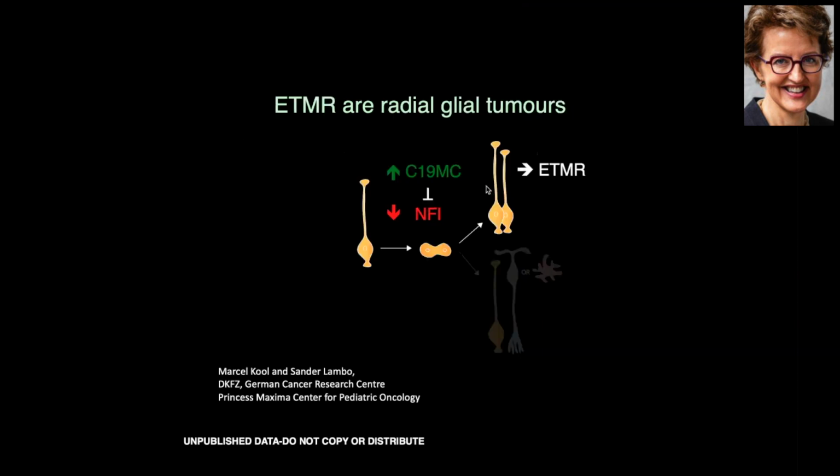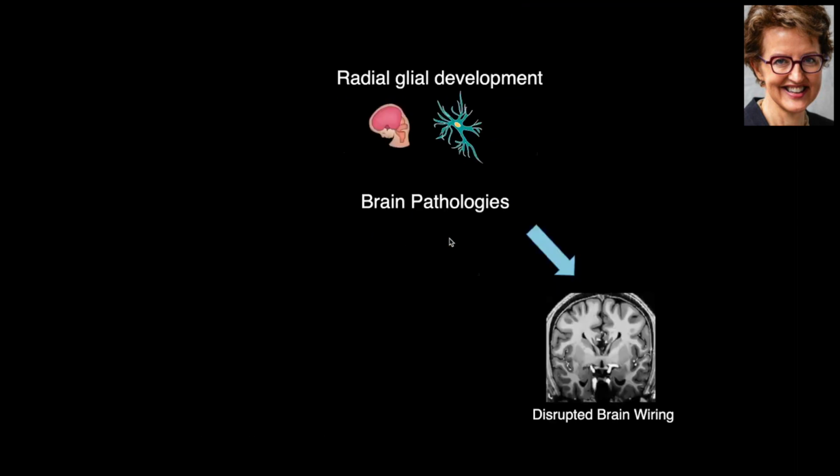And so what happens normally is that this inhibition of NF1 regulated by an upregulation of C19MC actually causes this severe downregulation of NF1. So we think that that is responsible for perhaps this brain tumor phenotype. So again, related to the radial glial development.